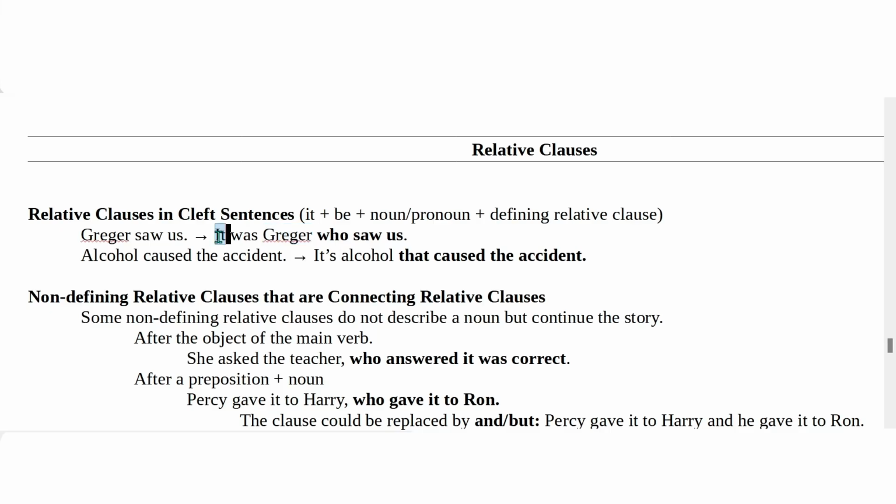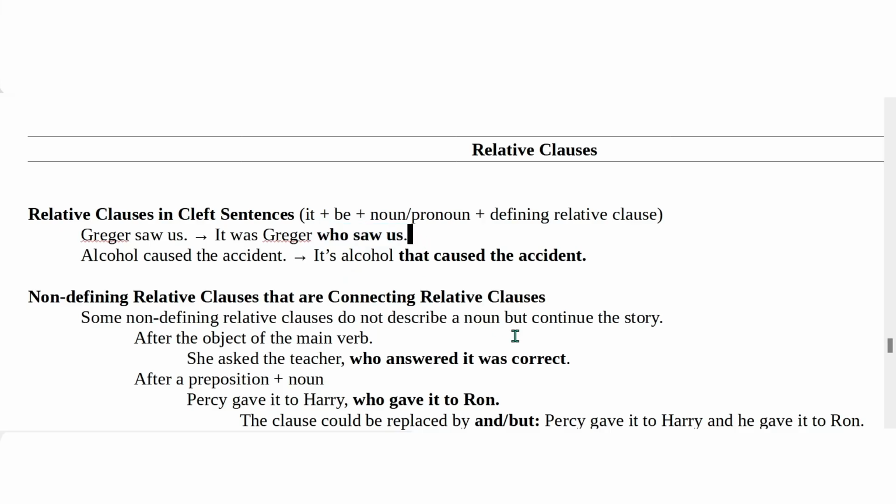Complement of the subject it. So now this verb saw us, you cannot say Gregor saw us. You cannot add a verb to the complement or object just like that. Okay? There are ways of doing that. We can use some participles, some infinitives. But here, in this case, you use a relative clause. You see? It was Gregor who saw us.